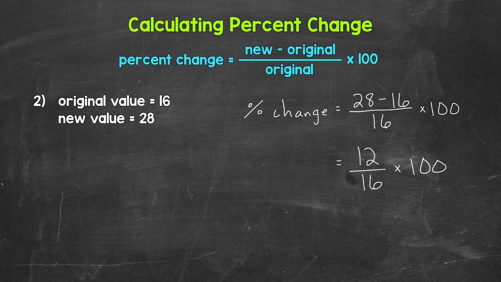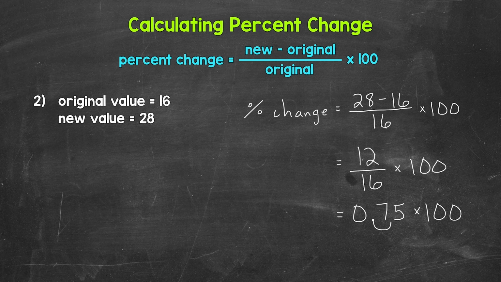Now let's divide. So we have 12 divided by 16. That gives us 75 hundredths, 0.75. And we need to multiply that decimal by 100 in order to convert it to a percent. Now, a quick way to multiply by 100 is to move the decimal twice to the right.